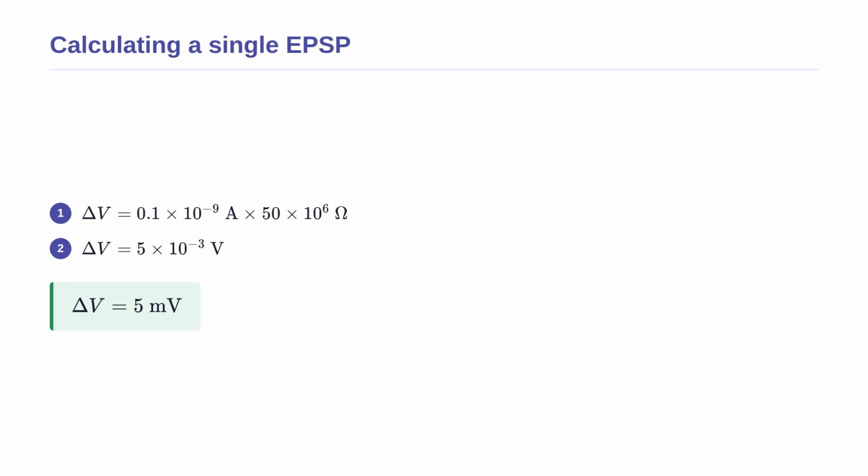Before we move on, let us see this formula in action with a concrete example. Imagine a laboratory experiment where we measure a single neuron. We are given a membrane resistance of 50 megaohms and a tiny inward synaptic current of 0.1 nanoamps. We need to calculate the resulting change in membrane voltage. We chose our modified Ohm's law formula because it directly relates these exact electrical properties.